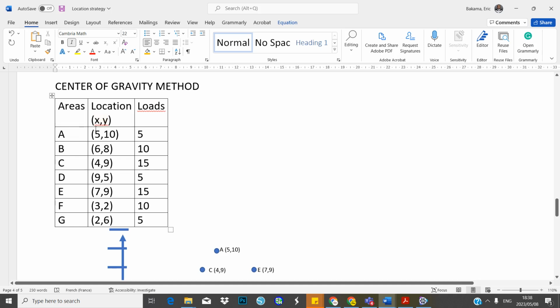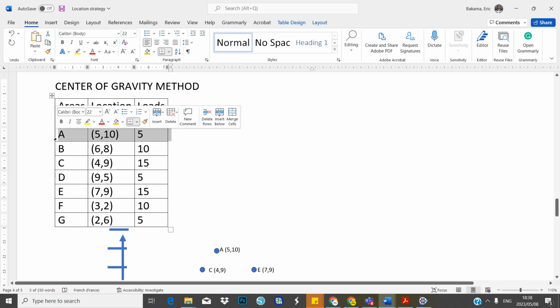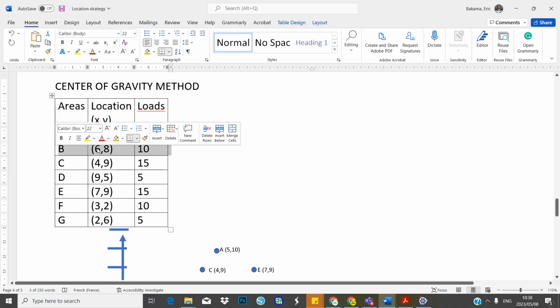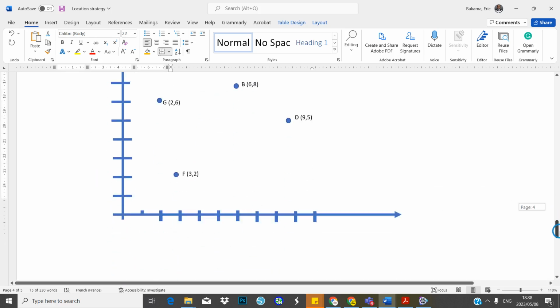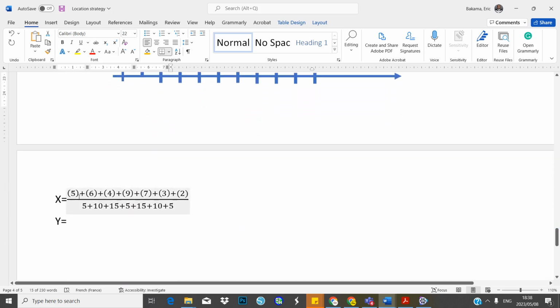Then what you will do is take every x coordinate times the load of that particular site. The site which is B, we'll take the x coordinate which is 6 times 10. This one we get 4 times 15. This one is 9 times 15. What makes it easy, I have the denominator already here.